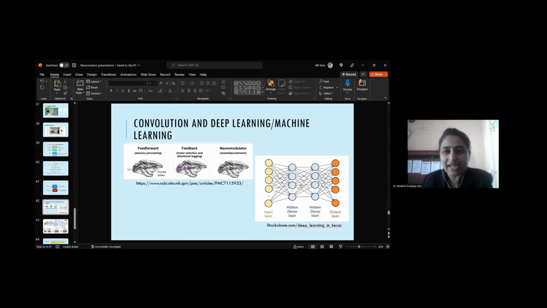And let me highlight the last slide, that is convolution and deep learning, that is machine learning. So we all know you are all great doctors from the neuroscience field. So I would like to highlight just the connection between the human brain and the neural network that we are working in. This neural network is represented with the help of small cells, which are called neurons.